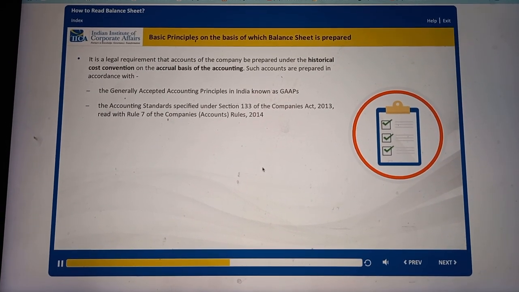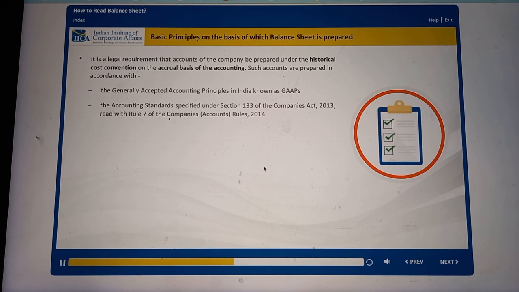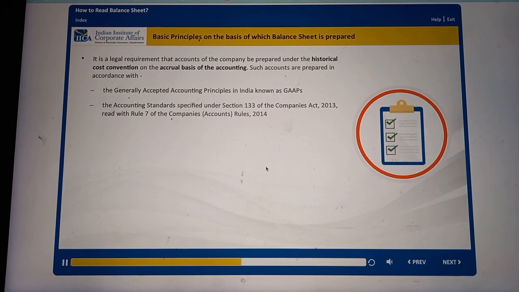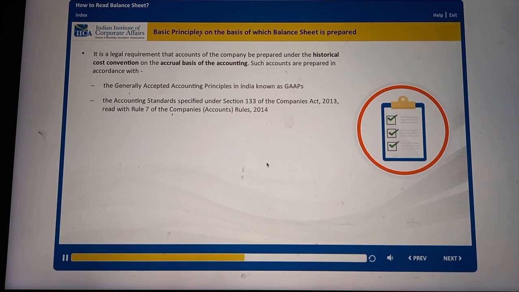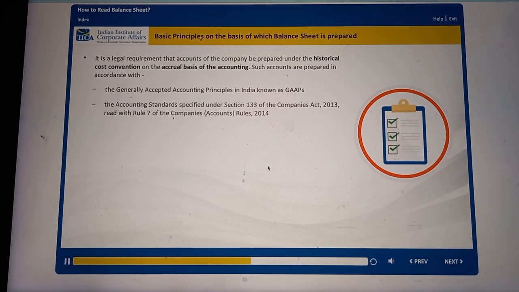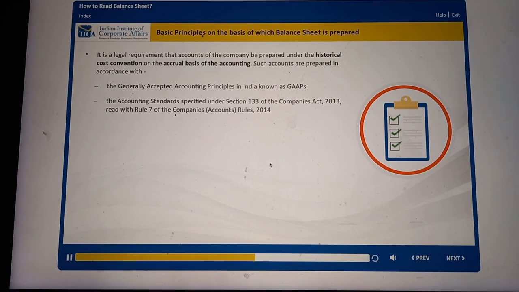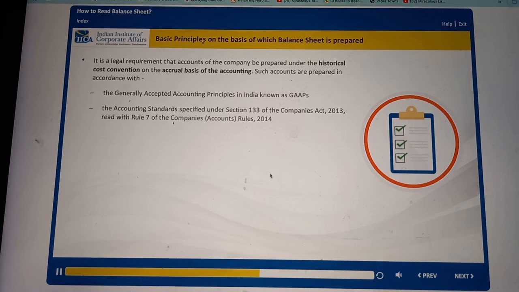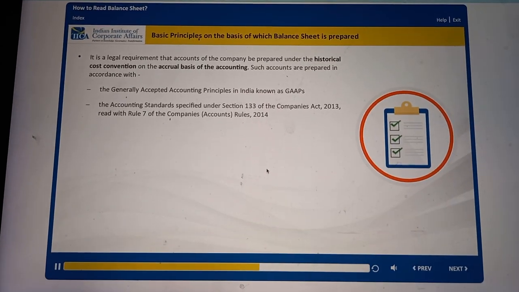Accordingly, there are various accounting standards applicable. Some of the accounting standards may be applicable to some of the companies. All the accounting standards may not be applicable to a particular company. And therefore, when the books of accounts are prepared and the balance sheet is prepared, it is kept in mind that all the relevant and applicable accounting standards have been applied by the company.